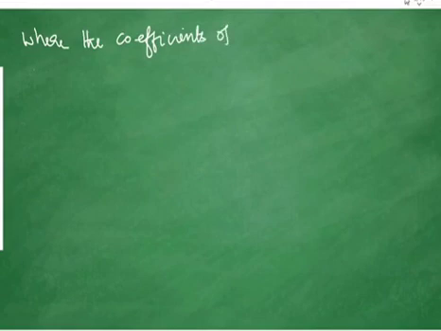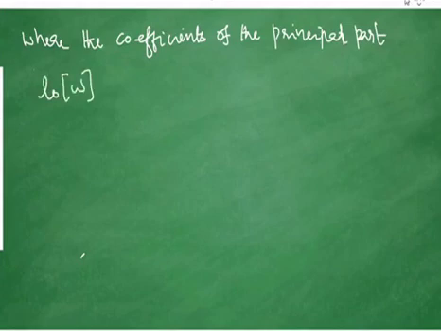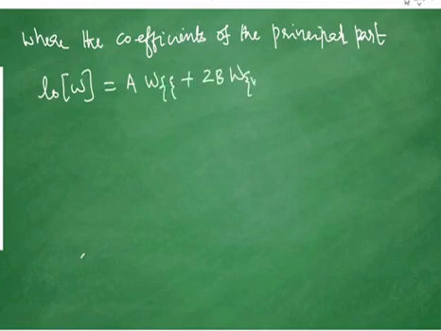the coefficients of the principal part, the principal part L naught of W, which is equal to A W theta theta, the higher order terms, plus 2B W theta eta plus C into W eta eta.